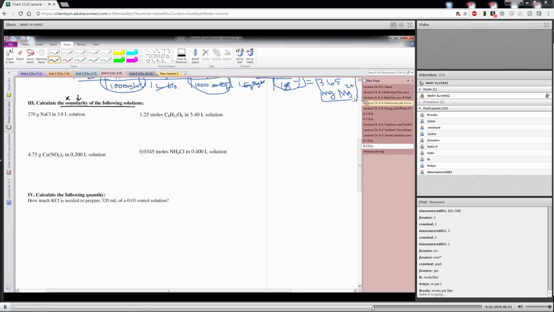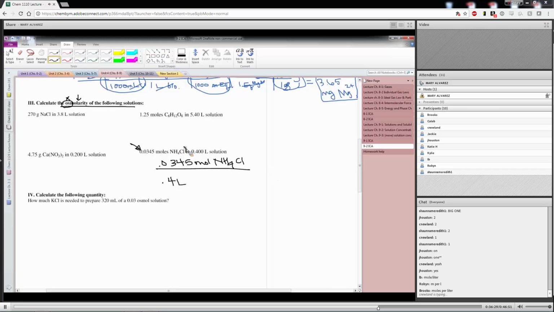Perfect. And then the second part is going to say how many species we have. Okay, so for instance here, let's do this particular problem. Molarity is moles per liter. Here's moles and here's liter. So you know how to set this up. Moles NH4Cl divided by 0.4 liters. That gets me molarity. And then to get to osmolarity, I'm going to multiply it by the number of things.